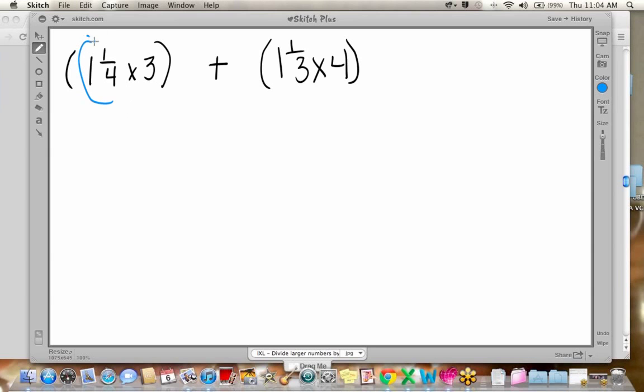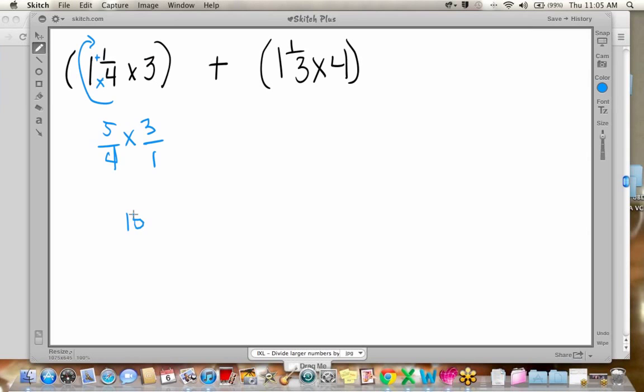Okay. So 1 1/4 becomes 5/4. And I did that by using magic circle time. 4 times 1 plus 1 is 5/4 times 3 over 1. 3 over 1 is the same exact thing as saying just 3.